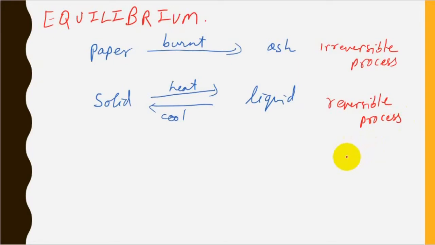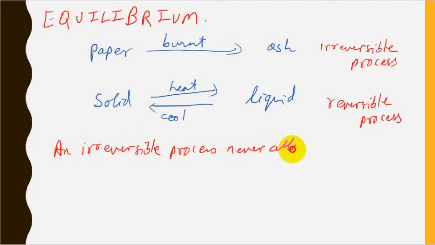If the process is irreversible, we don't have equilibrium in it. An irreversible process never attains equilibrium.